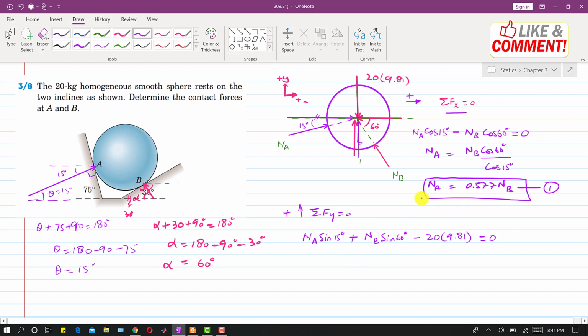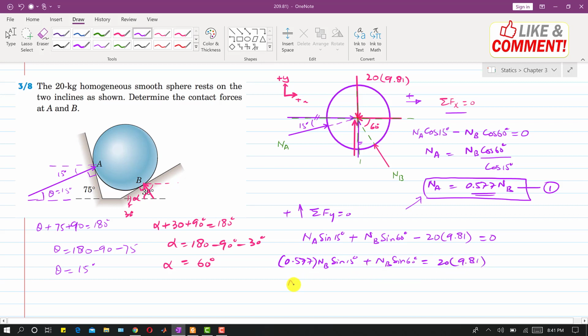If we put this value of NA in this equation, we will be left with only one unknown and one equation, right? So this will be 0.577 NB sine of 15 degrees plus NB sine of 60 degrees, and if we take this to the other side of the equation, this will be 20 into 9.81.